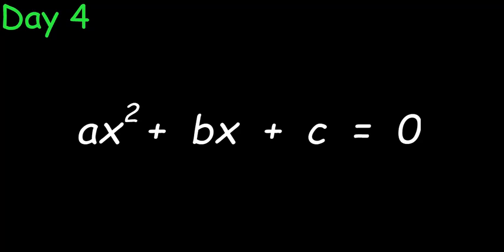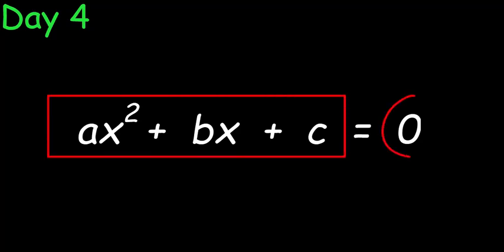On day 4, we looked at factorization when we equate our equation to 0, which is ax squared plus bx plus c equals 0. Previously, in day 1, 2 and 3, we had not equated our equation to 0, but on day 4, we equated it to 0 and got values for our x.